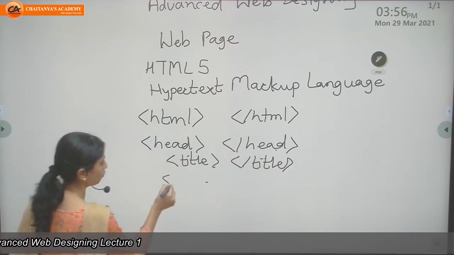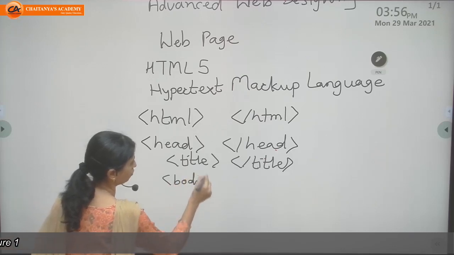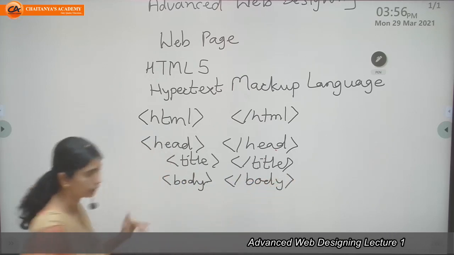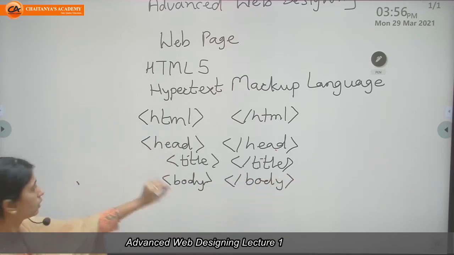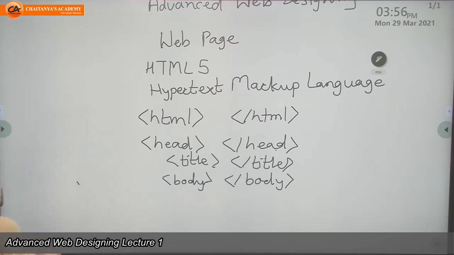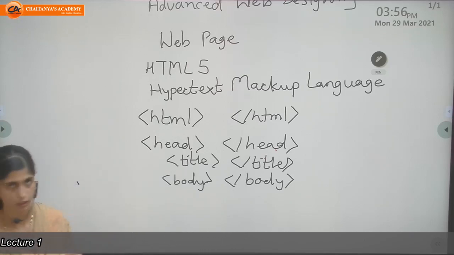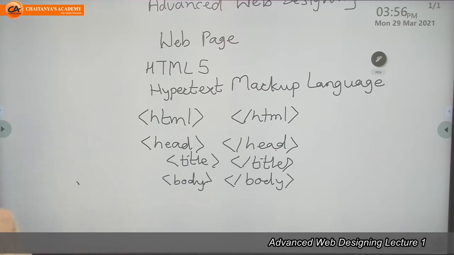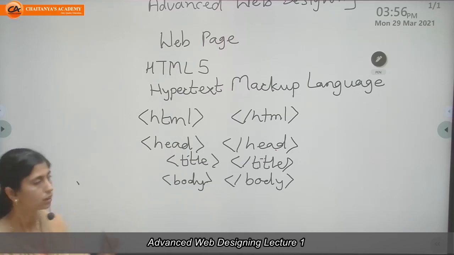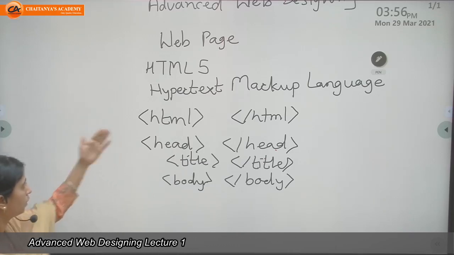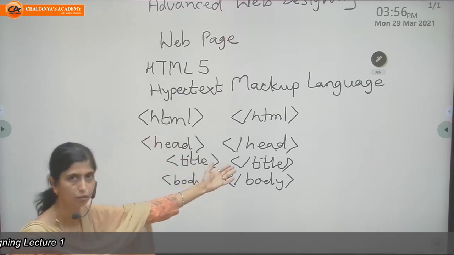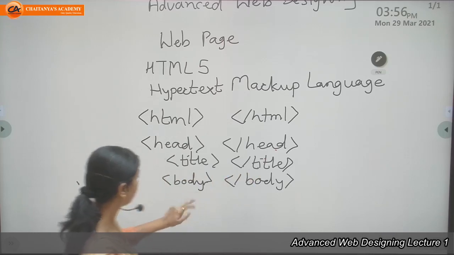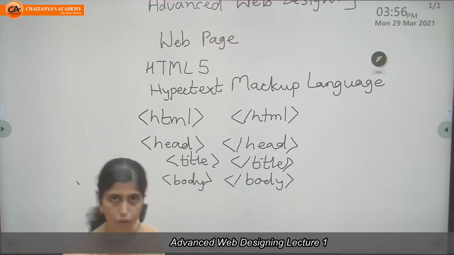And the last important tag is the body tag. We use these four basic tags to create a simple web page, and HTML5 is the advanced version of HTML. The basic tags are HTML, end of HTML, head tag, end of head tag, title tag, end of title tag, body tag, and end of body tag.